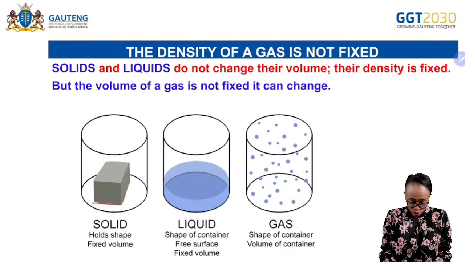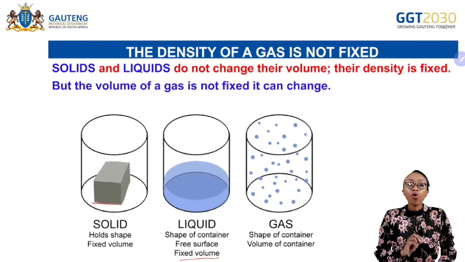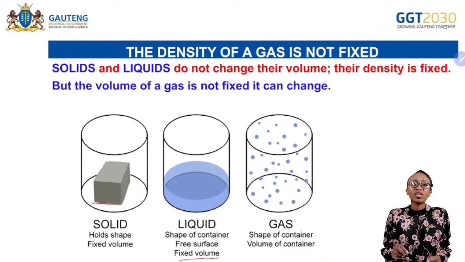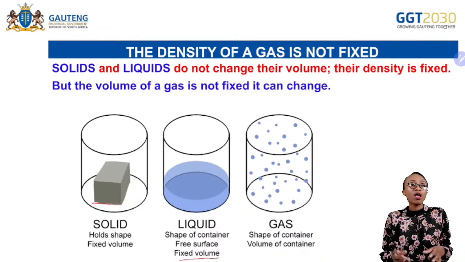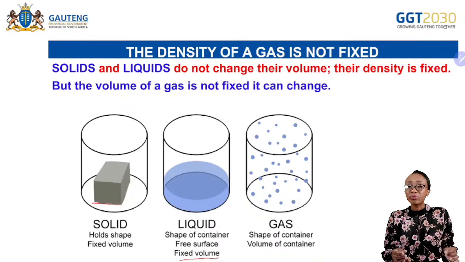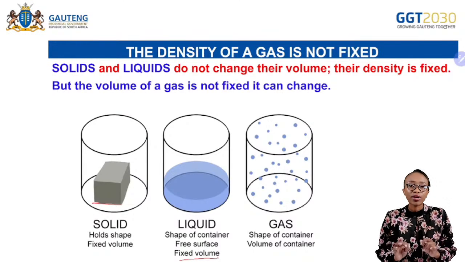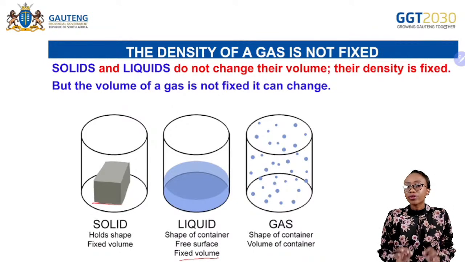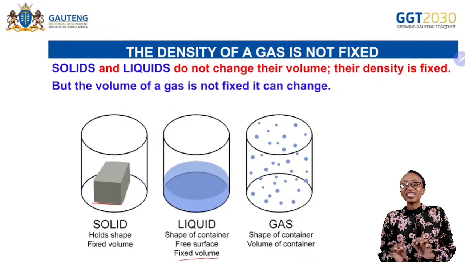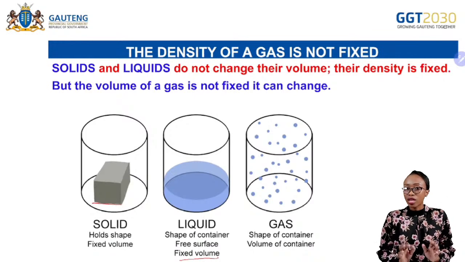Now, let's look at the liquid. The liquid also has a fixed volume. Even if it takes the shape of a container, pour 100 mL of water from a beaker into a coffee cup, it's still 100 mL. Pour that 100 mL of water into a bottle, it is still 100 mL. So the volume is fixed, it does not change.